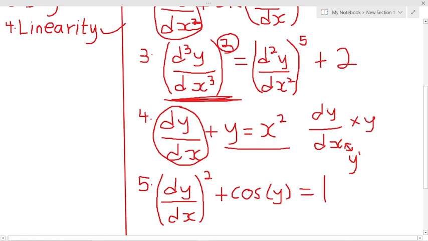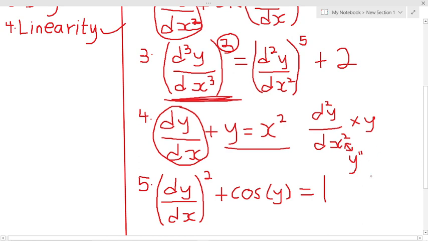If you want to write d squared y over dx squared, it is y prime prime. So instead of writing dy over dx or d squared y over dx squared, we can simply write it as y prime or y prime prime respectively.